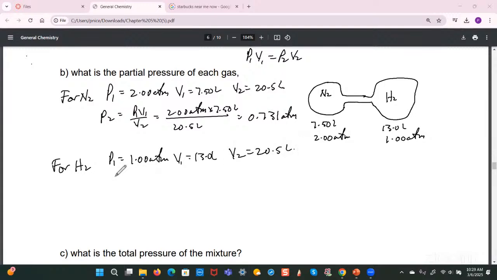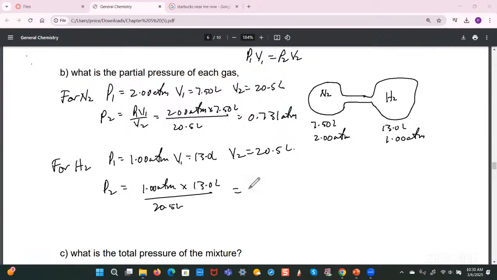Just like before, right? So P2 in this case would be 1.00 atmospheres multiplied by 13.0 liters, all divided by 20.5 liters. And then we do the calculation. Let's see what we get here. So that's 13 divided by 20.5.